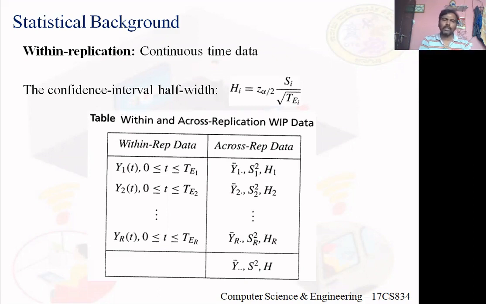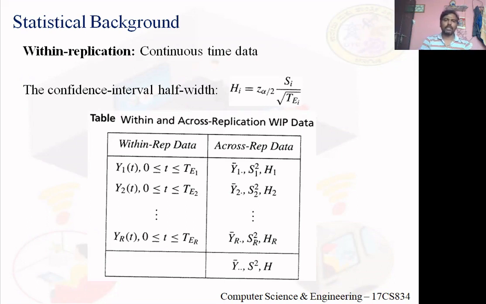Got it? So I need to determine the average number of parts in a factory in this run, on a particular run. Means starting from time 0 to time t, what is the average number of parts that have been found in a factory, or average number of customers in a queue that have been found in a banking system.